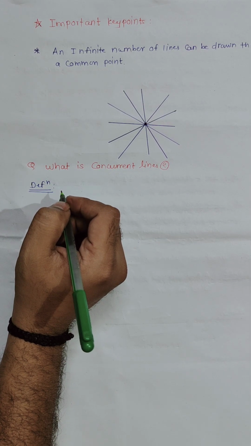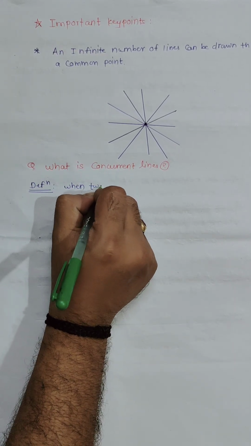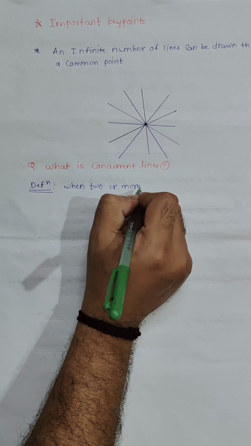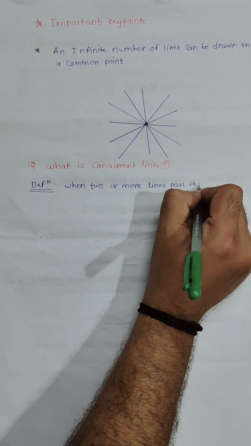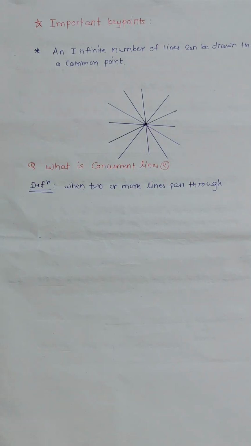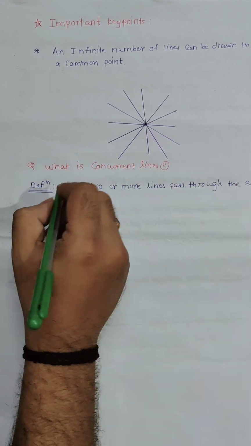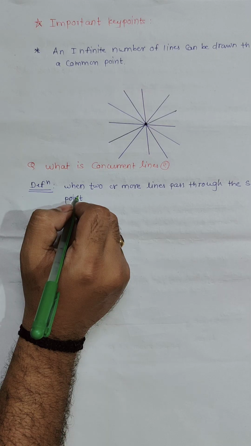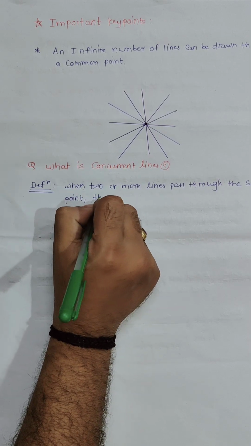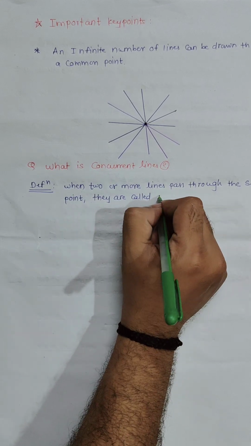What is meant by concurrent lines? When two or more lines pass through the same point, they are called concurrent lines.